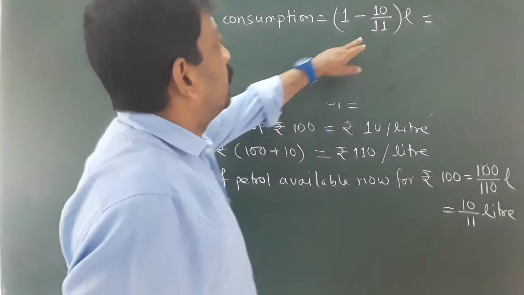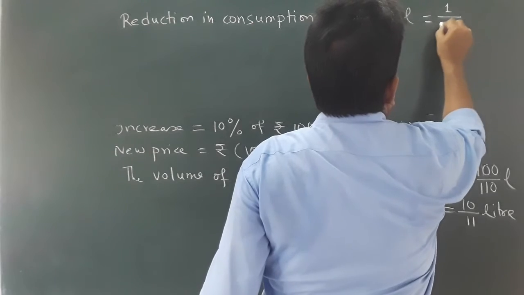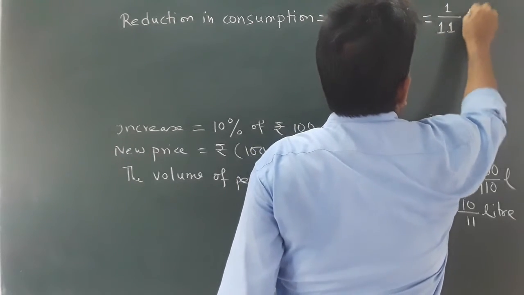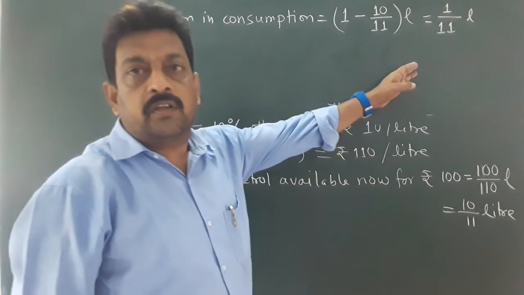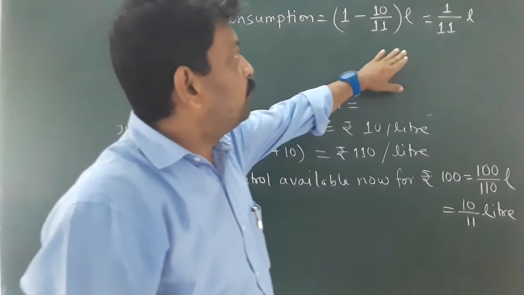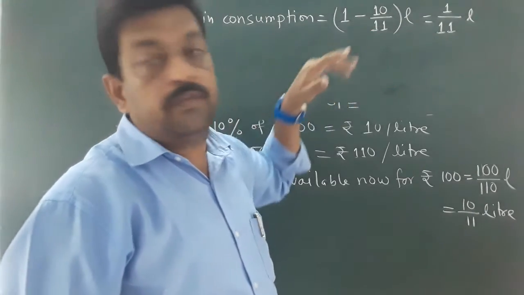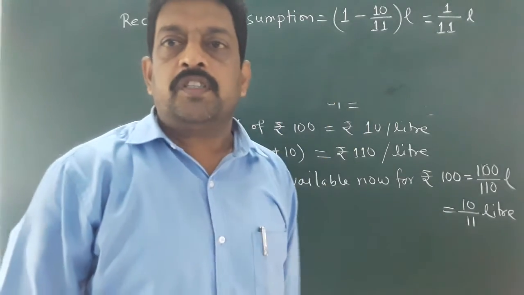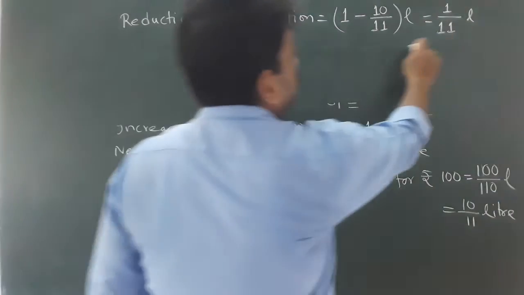So it is 11 ones are 11 minus 10, that is 1 upon 11 liter. This is the amount of reduction. This much volume of petrol has to be reduced to keep the expenditure unchanged. So this is in terms of liter.